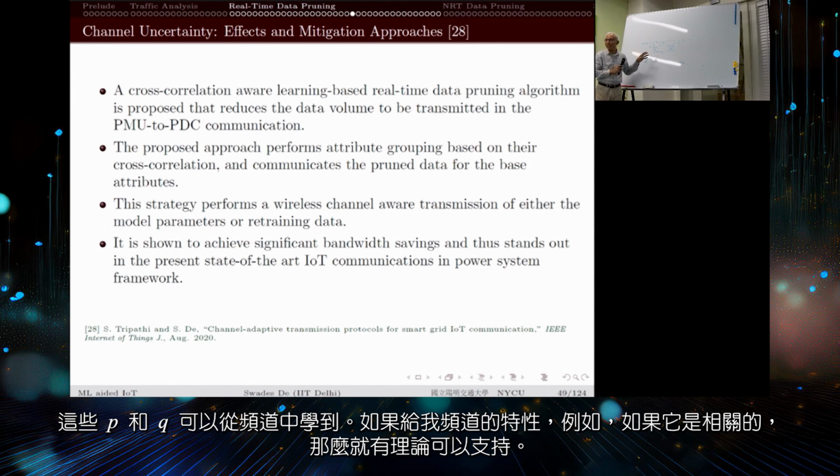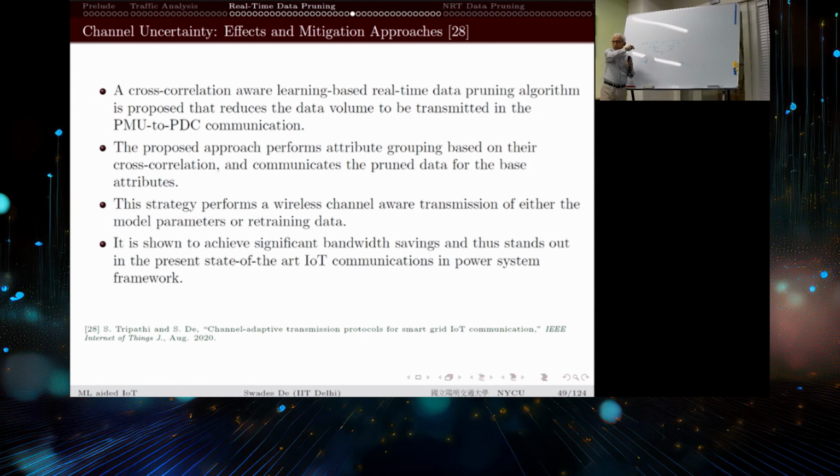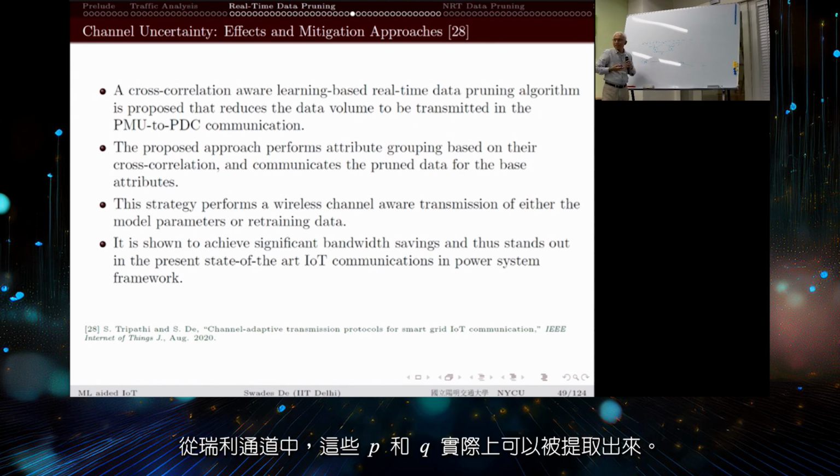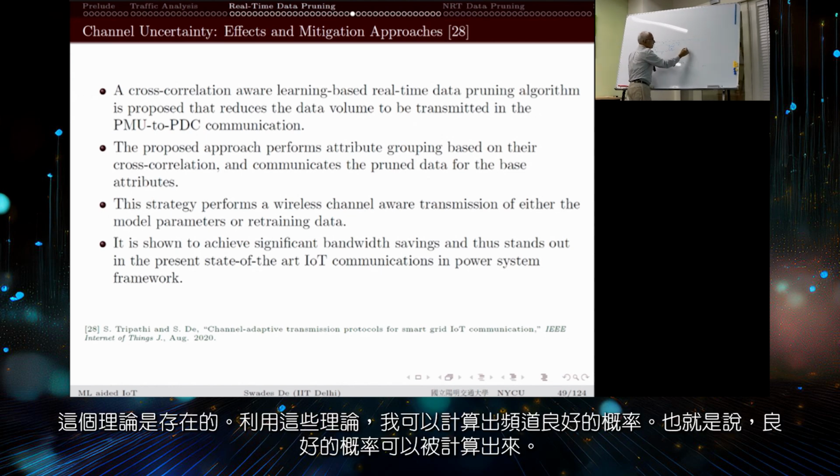For example, if it is Rayleigh, then there is theory behind it. From the Rayleigh channel, this P and Q can be actually extracted. This theory is existing. So using that, I can actually calculate the probability that the channel is good, let's say the probability of good at n steps ahead.